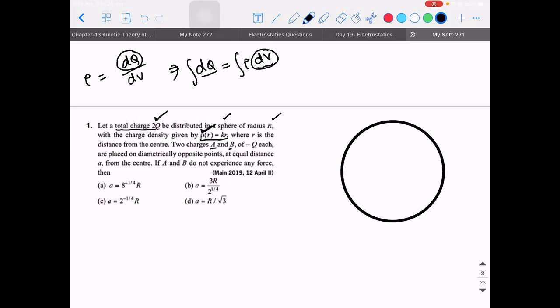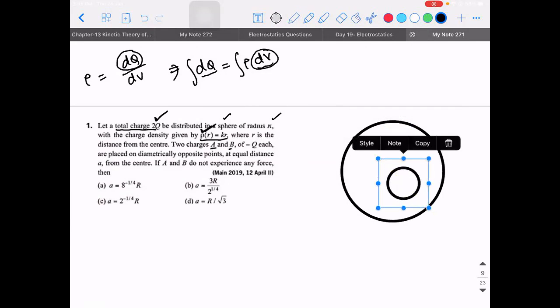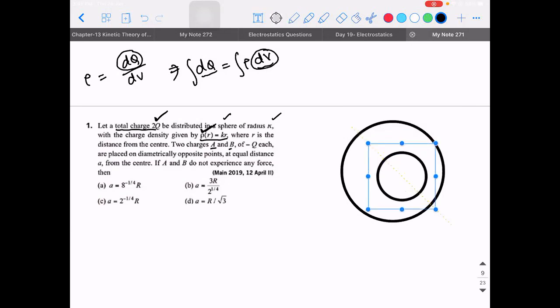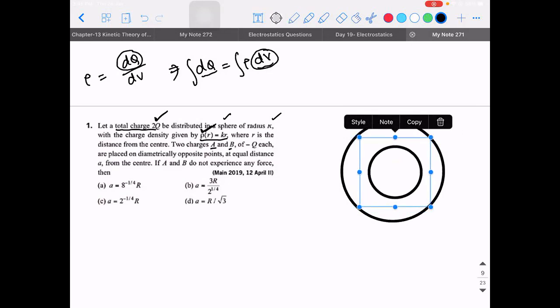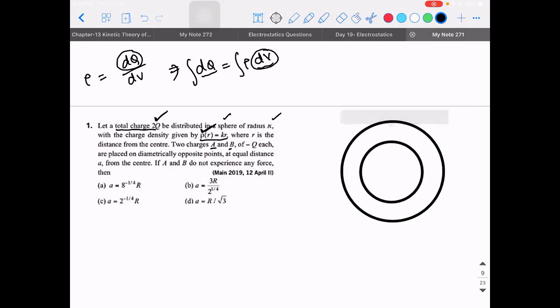For that to happen, always with respect to a sphere, not only in the case of electrostatics, even in the case of center of mass, you need to consider a spherical shell inside it. I'm repeating the thumb rule. You need to consider a spherical shell. Yesterday's problem also, I would have considered a spherical shell only.